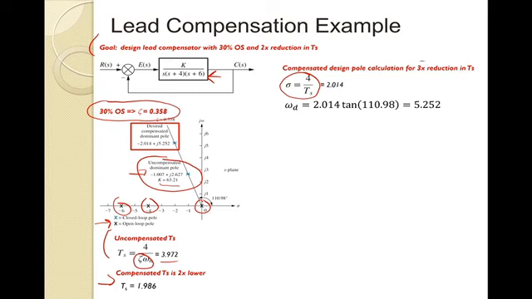Sorry about that, that was an error on my part. That should be 2x reduction because we said 2x. Now the number, I believe, is correct right there. Sorry about that. Now we can find our sigma and our omega d, such that we are on that damping line with our new desired pole location.